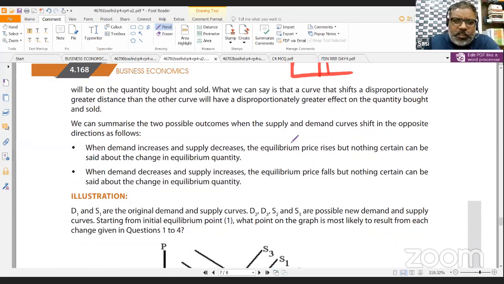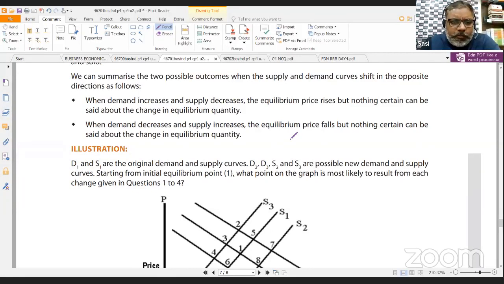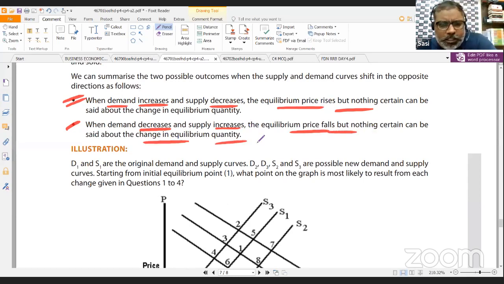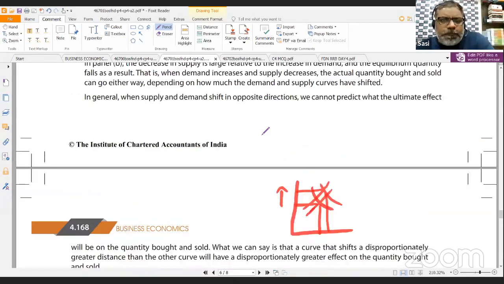So depending upon 3 different things, there could be different quantities, but the guaranteed thing is that when demand increases and supply decreases, price definitely rises, but we cannot be certain about the quantity. In the same way, the opposite is also true. When demand decreases and supply increases, price definitely falls, but we cannot tell anything about the quantity. These are the things to be noted.